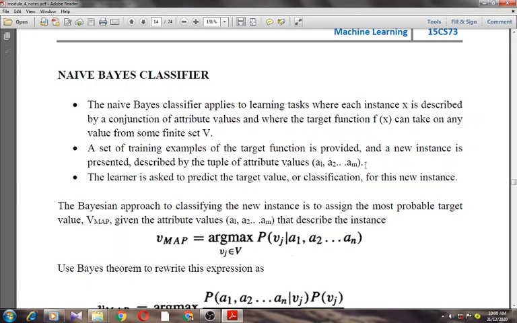The learner is asked to predict the target value or classification for this new instance.